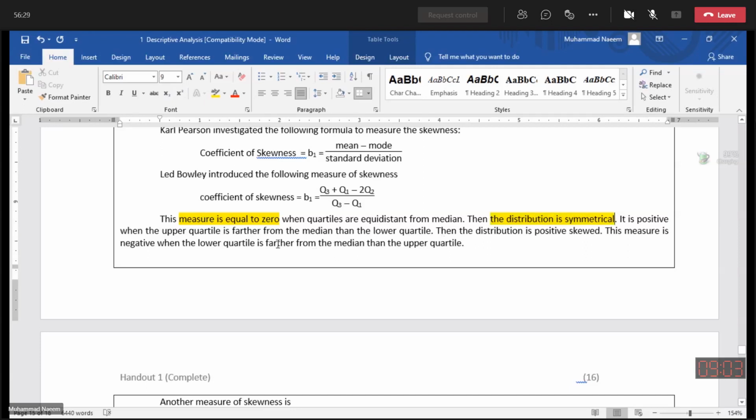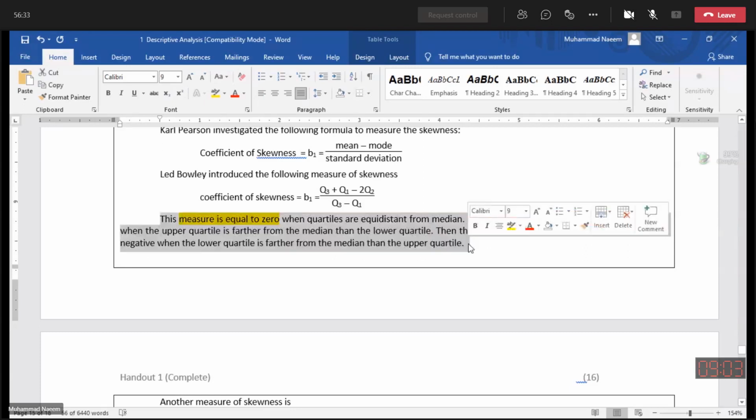And B1, so we should write here a general case for all.